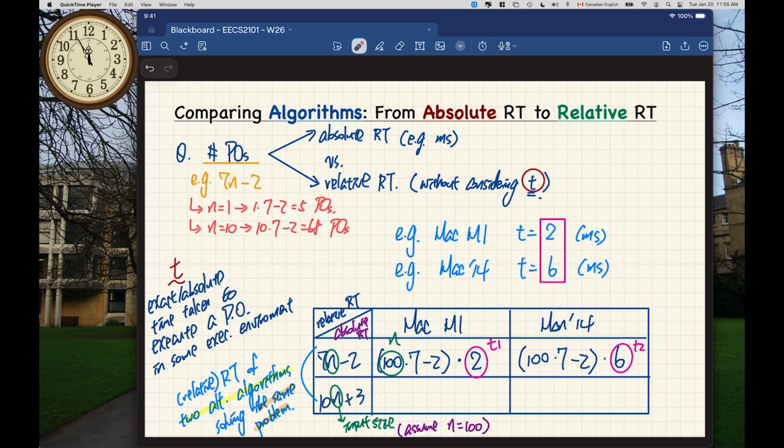So let's now say this. Conclusion number 1 here. We got T1 here and this one here.